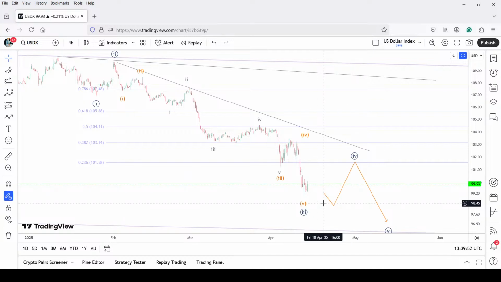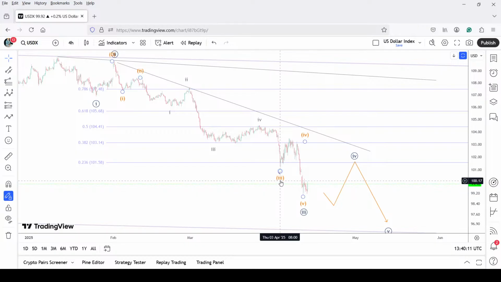We can now expect wave 4 of a minute degree. It's already underway, it seems. Okay, so the third wave, which was extended, also saw the third wave of a minute degree extend, and even the sub-minute wave 3 got extended.